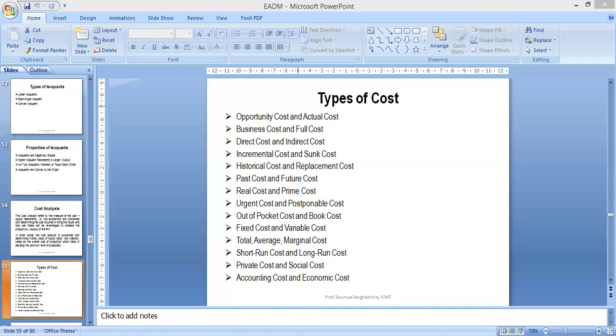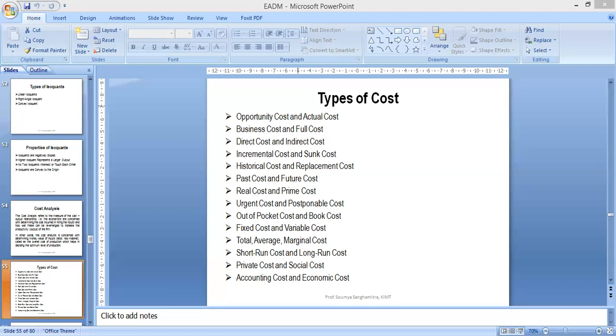Then our next point is direct cost and indirect cost. Direct costs are those costs that have direct relationship with unit of operation. That is, they can be easily and directly identified or attributed to a particular product, operation, or plant. For example, the salary of a branch manager is a direct cost when the branch is a costing unit, and direct costs directly enter into the cost of production but remain their separate identity.